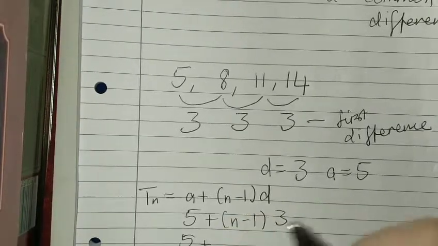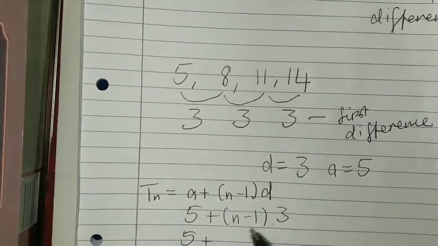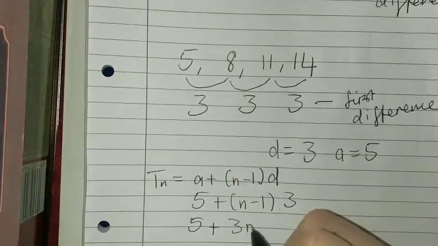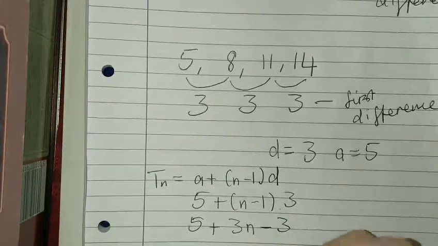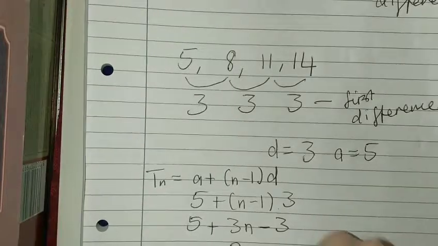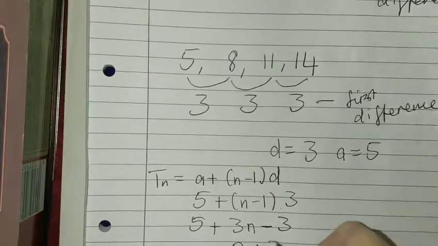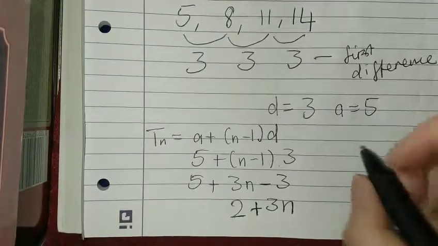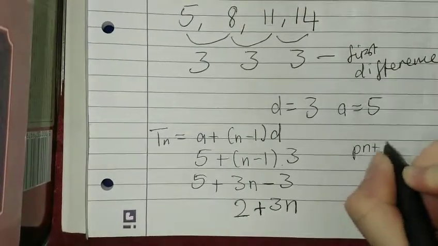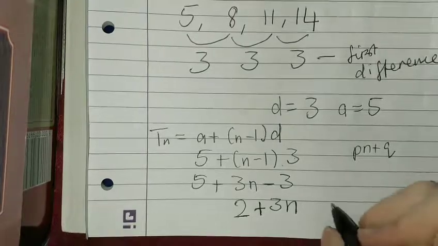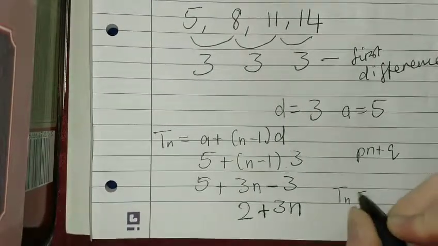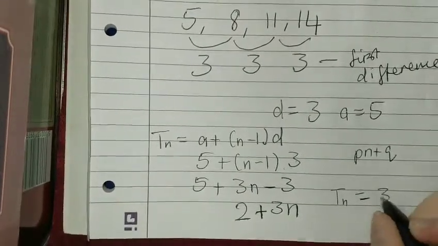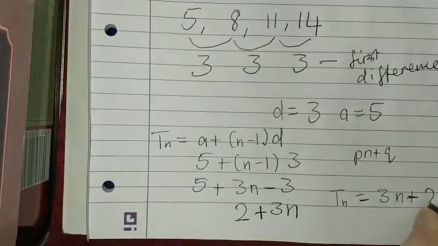So 5 plus, I'm multiplying 3 by n and 3 by minus 1. So 3n minus 3. So that'll be 2 plus 3n. But they wanted it in the form Pn plus Q, so I'll write it as Tn is equal to 3n plus 2.